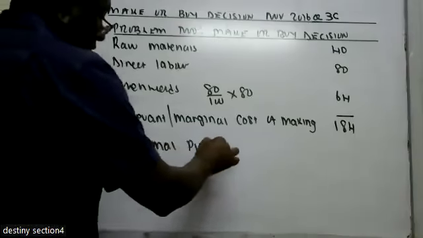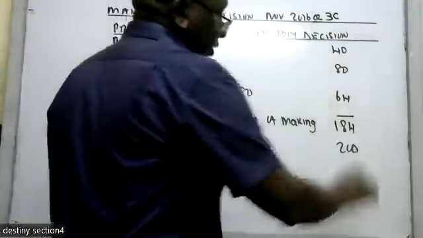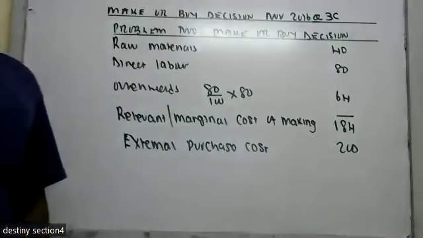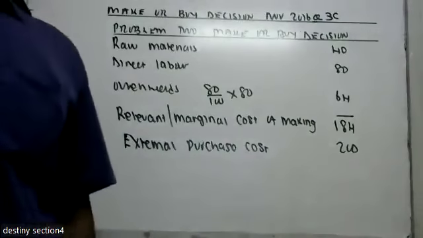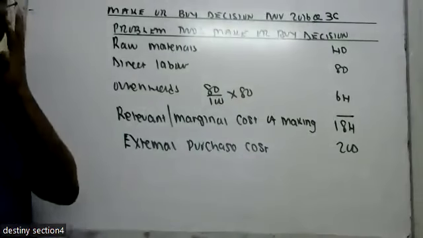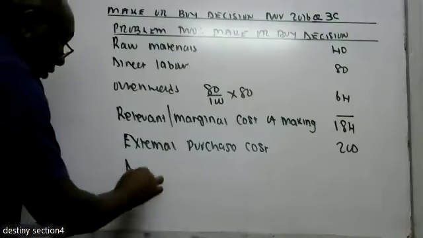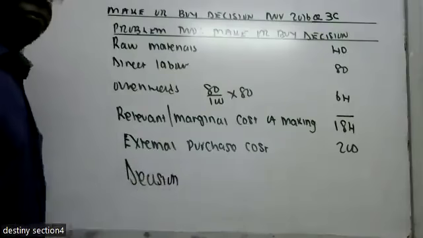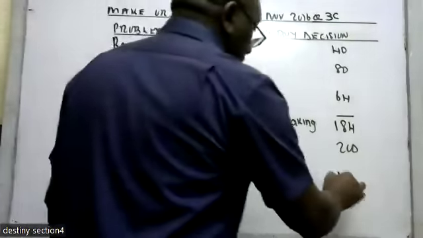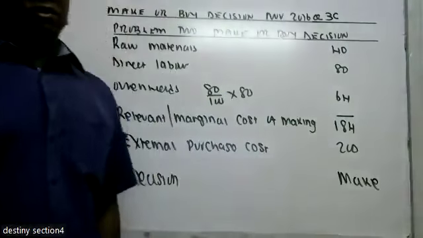So these guys are selling themselves to us at what? $200. They sell to us at 200. So if they are selling to us at 200, what decision do you make? You should make the product, since it is costing you 184.